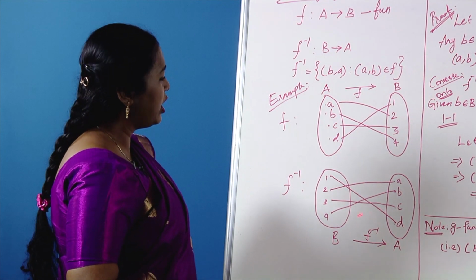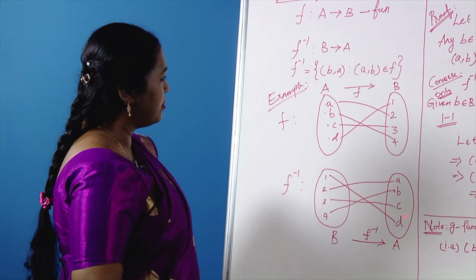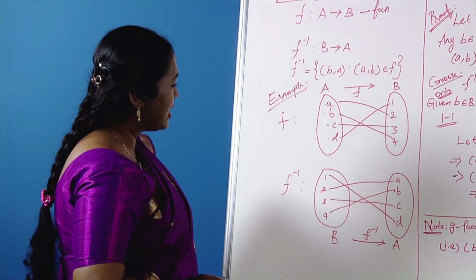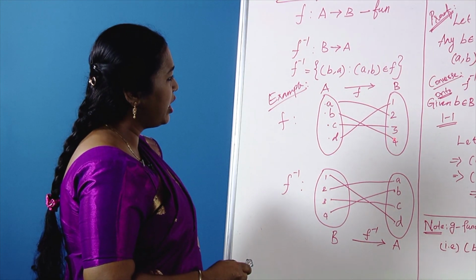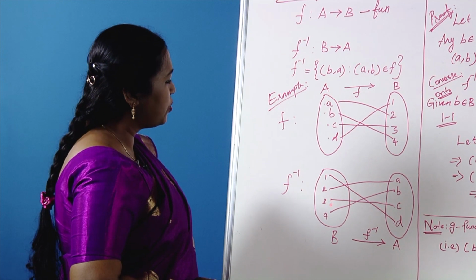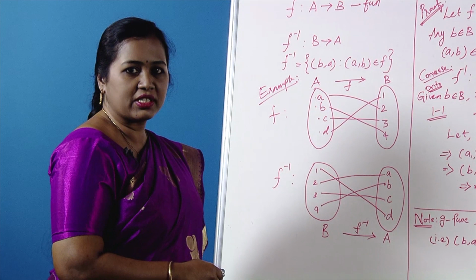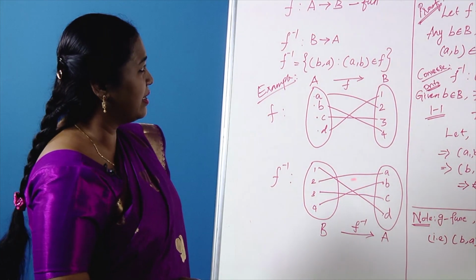So, 1, 2, 3 and 4, a, b, c and d, the mappings are not disturbed at all. For example, a goes to 2 here means that 2 goes to a in this mapping. If c is going to 3 here, then automatically 3 should have been mapped to c. So, this is how f inverse works. I hope that made the concept of inverse clearer.